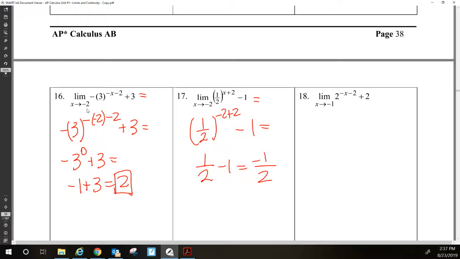And then for number 18, I've got 2 to the minus 1 minus 2, plus 2. So that's 2 to the 1 minus 2 is minus 1, plus 2. That's 1/2 plus 2, which would be 5/2. Okay, 4/2 plus 1/2 is 5/2.